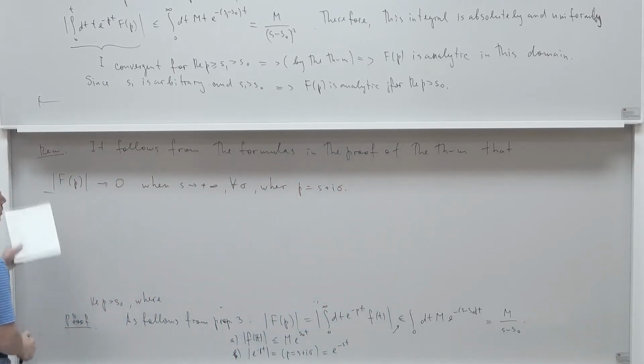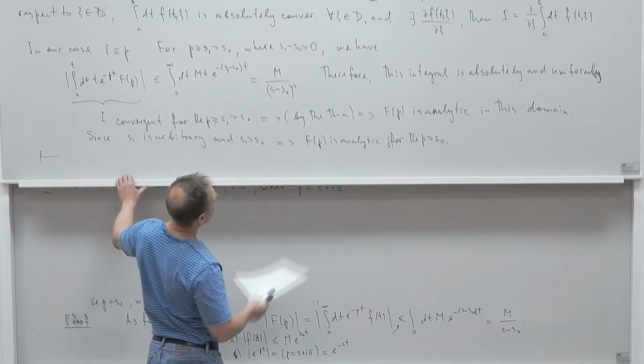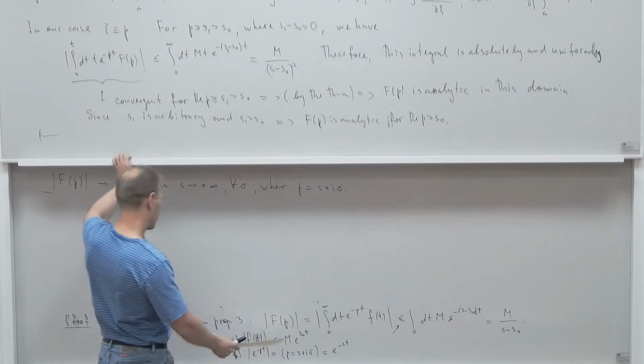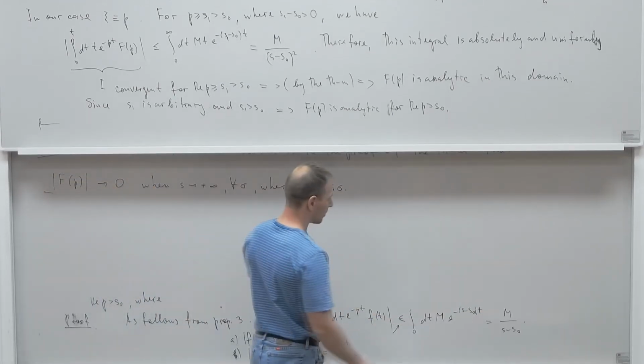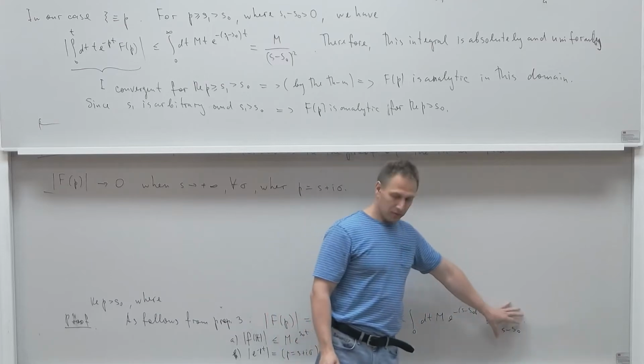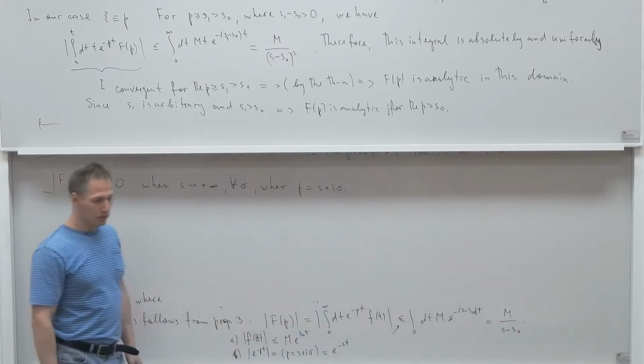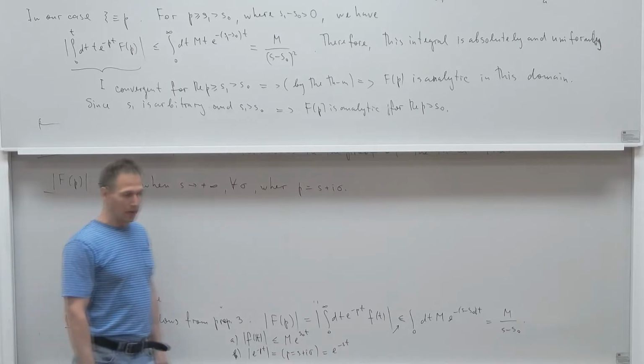This is a general property of the Laplace transform. From this estimate, we see that when s tends to infinity, this tends to 0, and the modulus of this function tends to 0 as well.